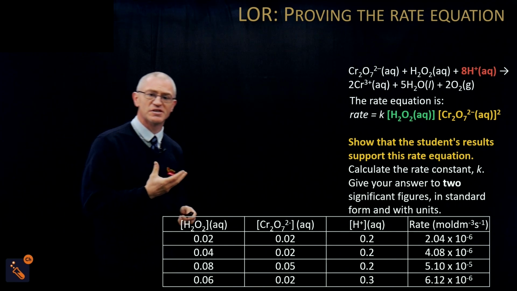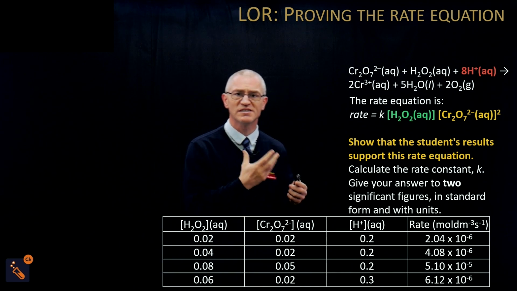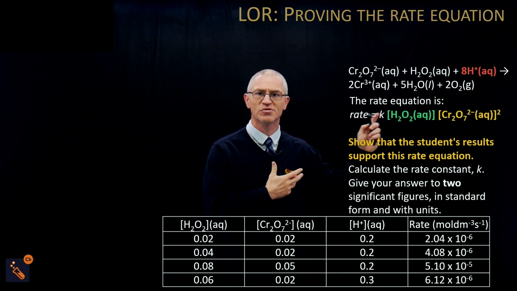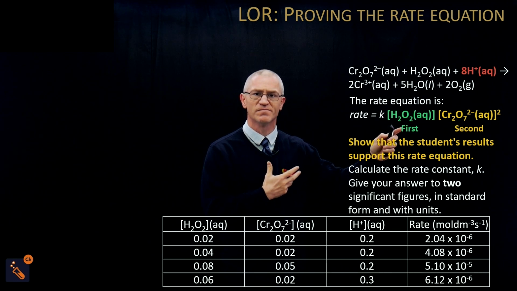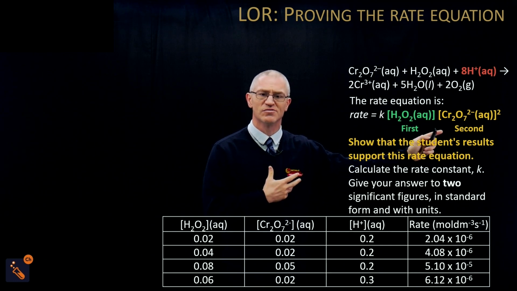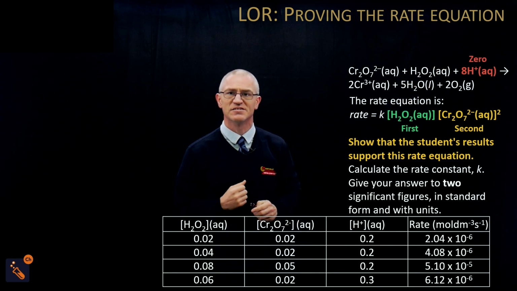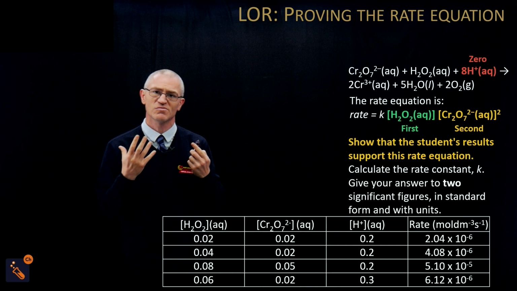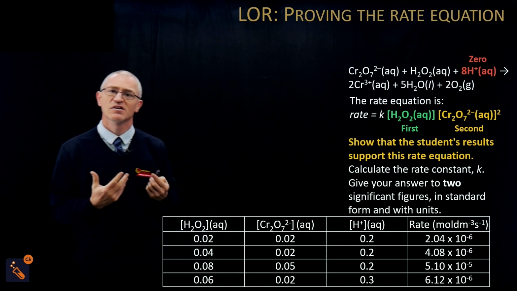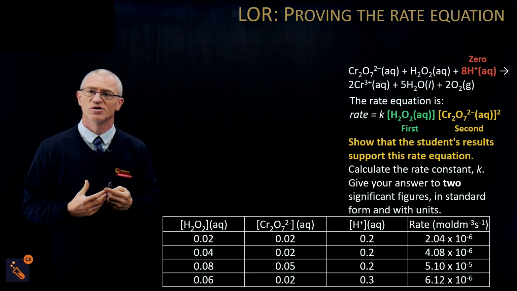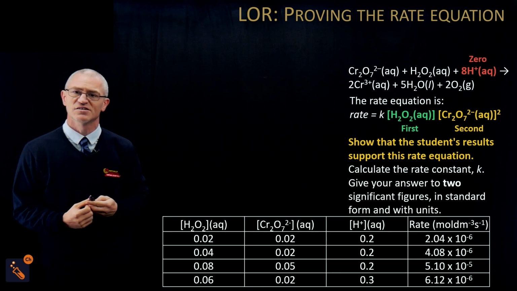We've got to prove that H2O2 is first order and that the chromate is second order. And lastly, don't forget, we've also got to prove that H+ is zero order. So we have to prove H+ is 0, H2O2 is first, and Cr2O7 2-, or dichromate, is second.